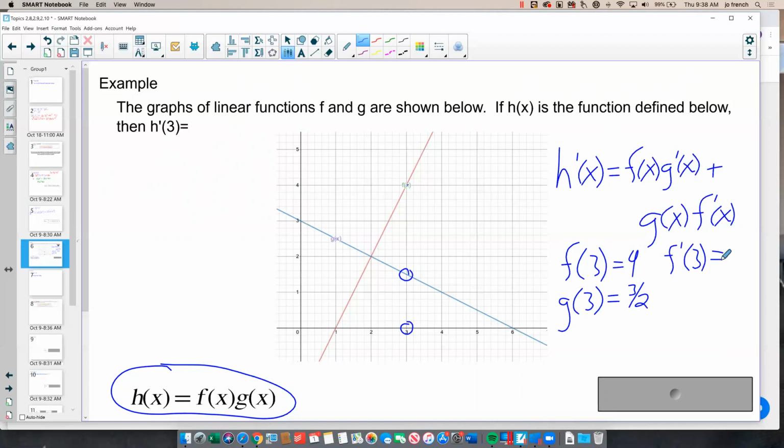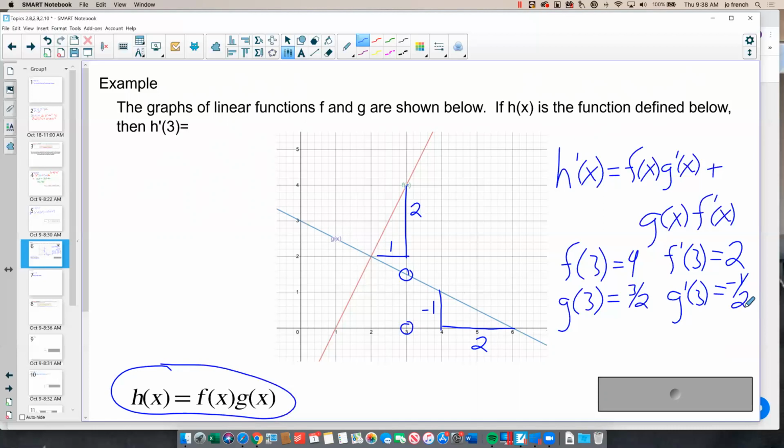And the rate of change of a line is constant. So if we look at what's happening to f, we can see that we go over 1 and up 2. So our slope is 2 over 1 everywhere on the curve. So even at x equals 3, f prime of 3 is going to be 2. g prime of 3 will be the slope of g of x. And there we can see that we go down 1 as we go over 2. So g prime of 3 is negative 1/2.